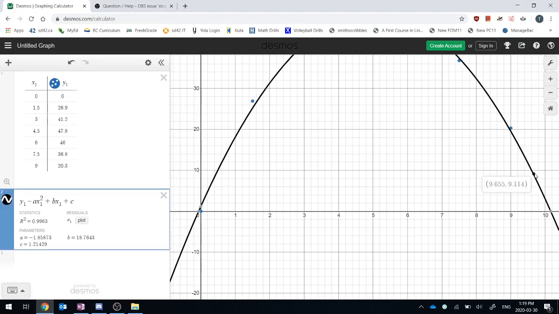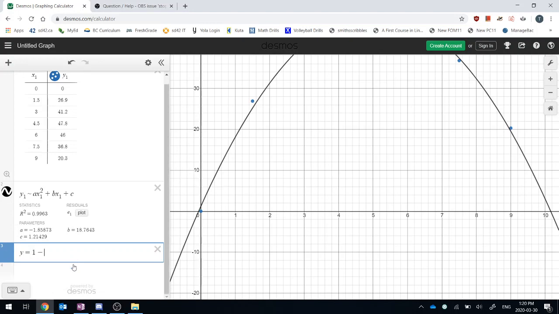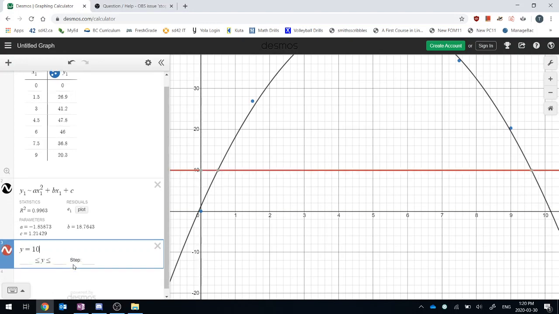On Desmos, you can hold and click and drag and try to get it exactly on 10. It can be a little difficult trying to do that on Desmos. What I would do would be to simply come over here and just type in y equals 10. It provides you that line right there. And then you can just come over here and click, and it'll show you where those two lines cross over.